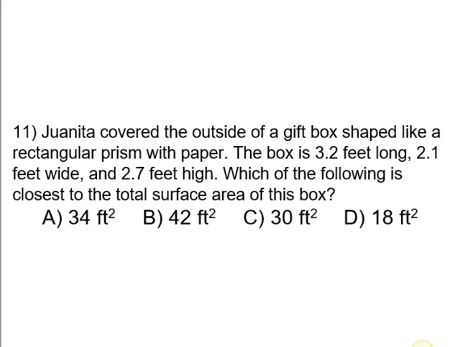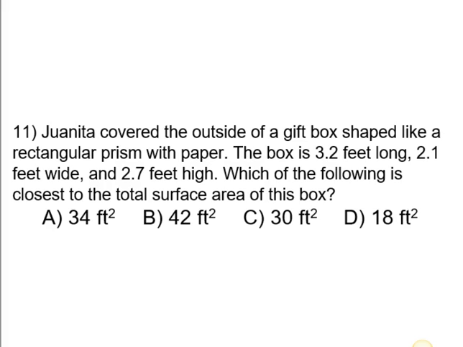Juanita covered the outside of a gift box shaped like a rectangular prism with paper. The box is 3.2 feet long, 2.1 feet wide, and 2.7 feet high. Which of the following is the closest to the total surface area of this box?